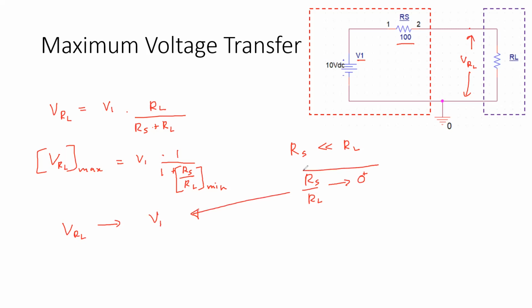So we are reaching VRL equals V1. In general, if you want maximum voltage transmission, the output impedance of the source should be very small, and the input impedance of the load should be very large.